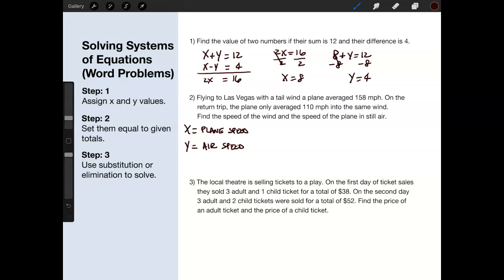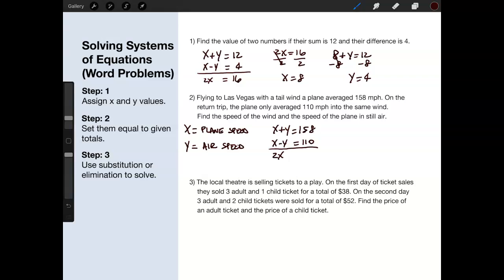So flying with a tailwind, we want to add x plus y is 158. Flying into the wind, we want to do x minus y is 110. Now we can combine both of these equations. X plus x is 2x.